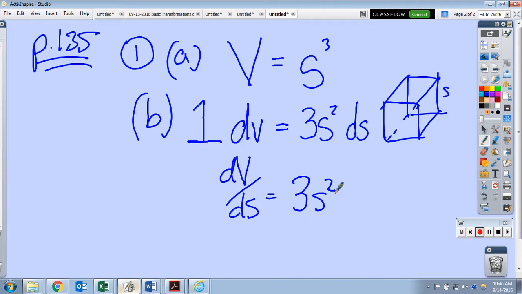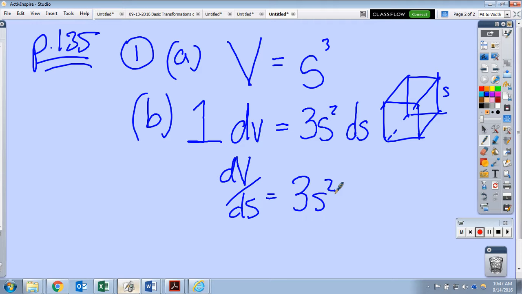So, sorry, not seconds, side length: 12 cubic inches per inch.